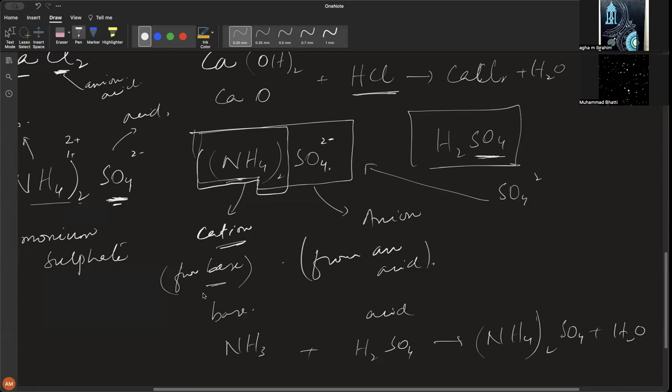We would have to trace that, and we know that it is ammonia. Ammonia is one of the bases that actually gives the cation in the form of this sign. Do you understand? Is that clear?